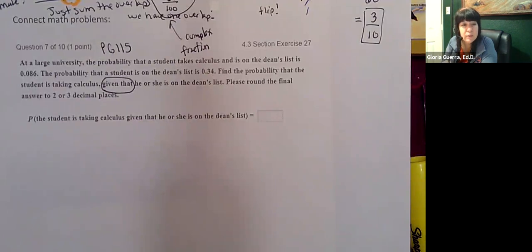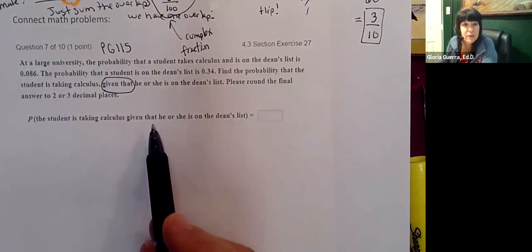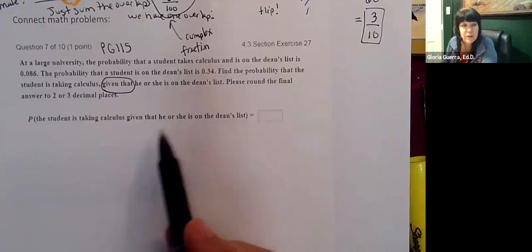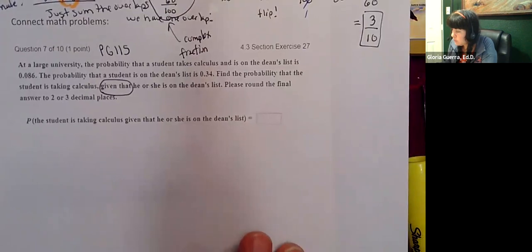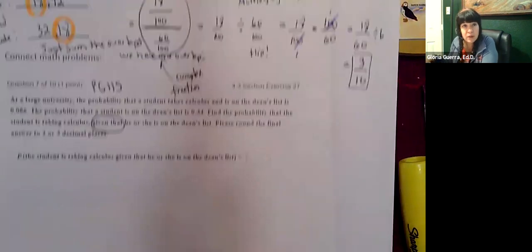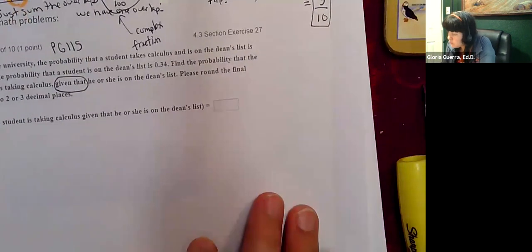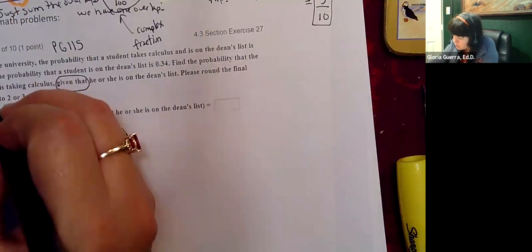Find the probability that the student is taking calculus given that he or she is on the dean's list. And so we have the probability the student is taking calculus given that he or she is on the dean's list. Okay, so I've got that written out. And so I'm going to write down the formula. I have it up here at the top from the previous problem that we did, which was also a conditional probability problem. But I'm going to go ahead and also put the definition here.